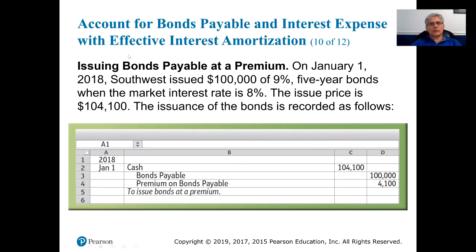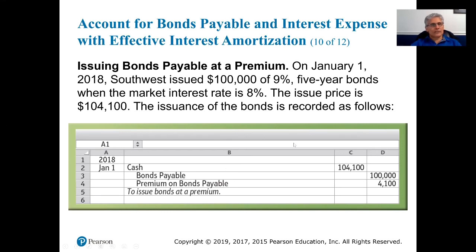So on January 1st, 2018, Southwest issued $100,000 9% 5-year bonds when the market interest rate was at 8%. When interest rates go below the stated rate, the price will go up. So in this case, the issue price is $104,100.